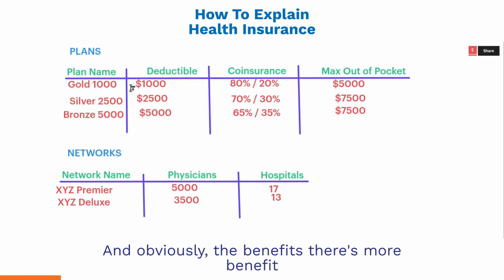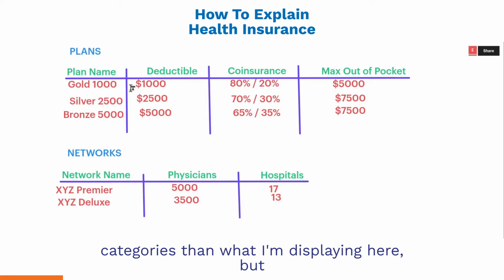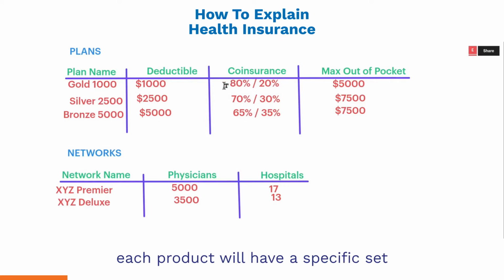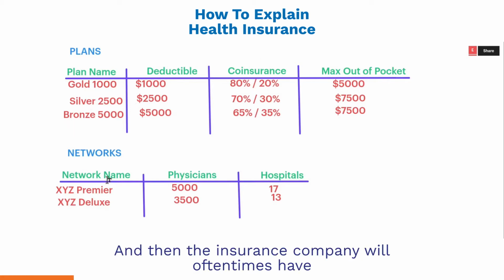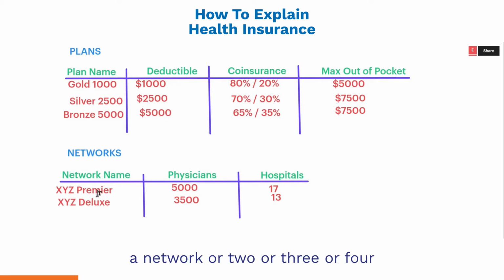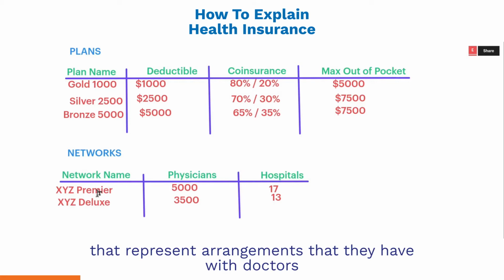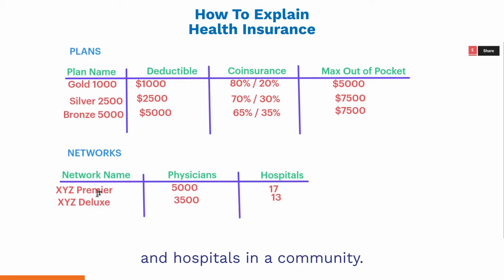Obviously there are more benefit categories than what I'm displaying here, but each product will have a specific set of benefits that go along with it. Then the insurance company will oftentimes have a network, or two or three or four, that represent arrangements that they have with doctors and hospitals in a community.